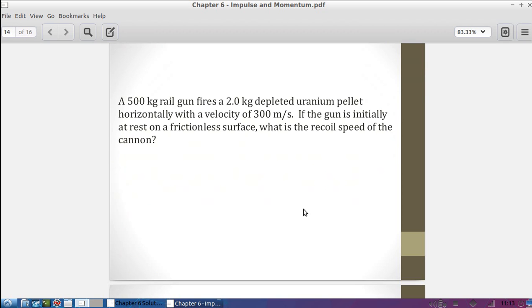This is technically what's referred to, I've seen it referred to as an explosion. Right? It's an explosion. So if you ever see an object being fired from something, right? A gun or a cannon or something like that that shoots an object like a projectile, there's going to be a recoil.